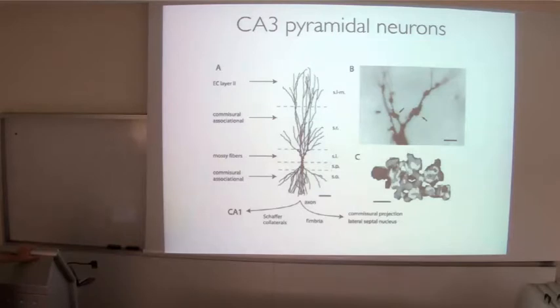Okay, CA3 pyramidal neurons. So these are pyramidal neurons again. They have basal dendrites, they have apical dendrites, and they have these mossy fiber boutons, which are huge areas where they get a very strong input from the dentate gyrus neurons.